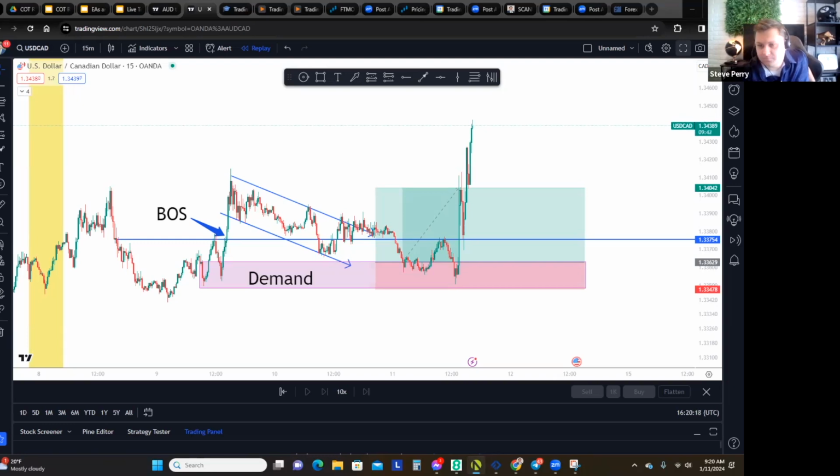Yeah, so from where I got in, and this could be different, like our entries could be different from when you got in this week and when I got in, but that's like a 16 pip stop loss. And yeah, that would close out if you had a 16 pip stop loss.